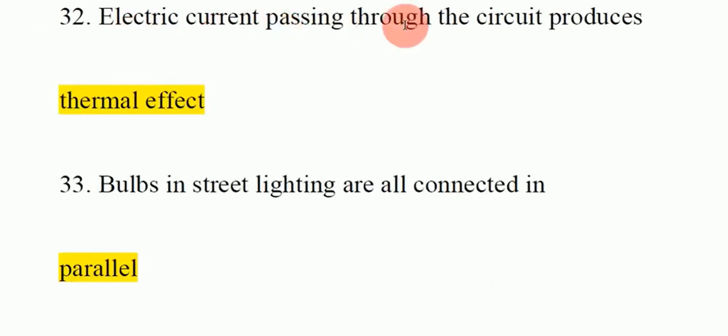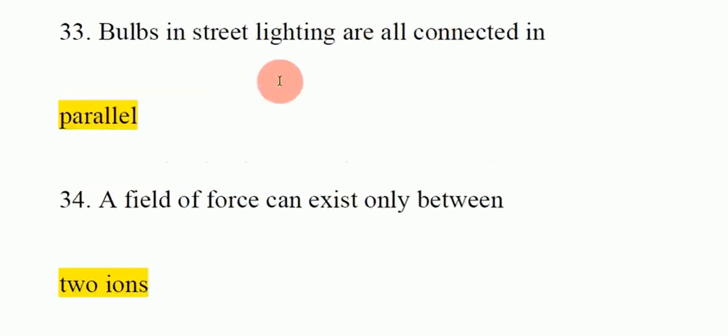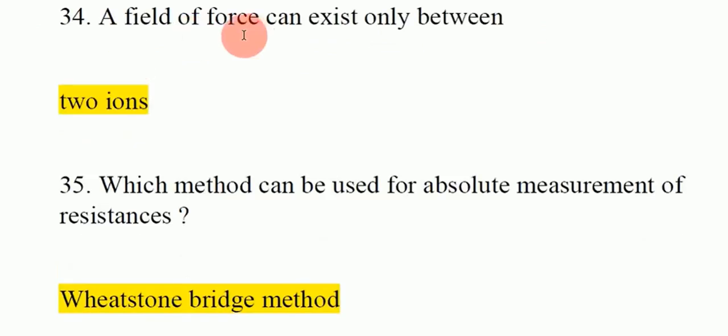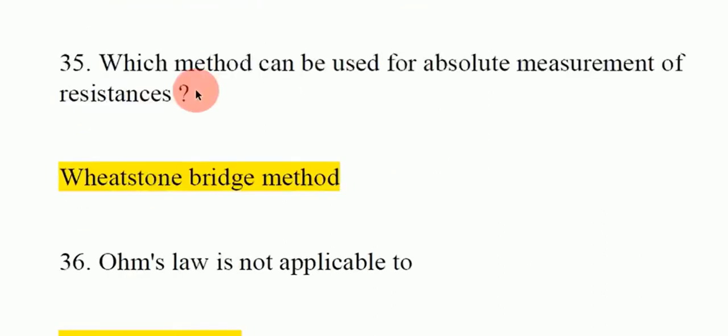Electric current passing through a circuit produces a thermal effect. Bulbs in street lighting are connected in parallel so that a fault in one does not cause a defect in another. A field of force can exist only between two charges. Which method can be used for absolute measurement of resistance?